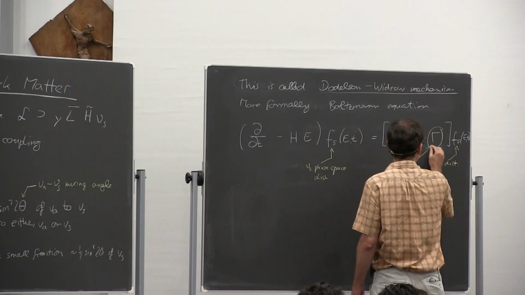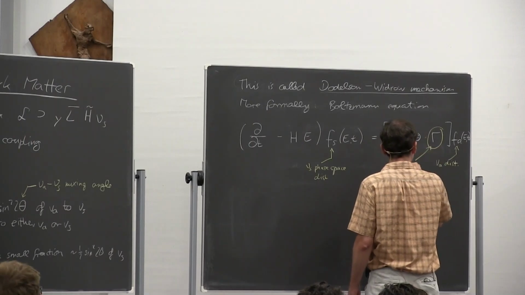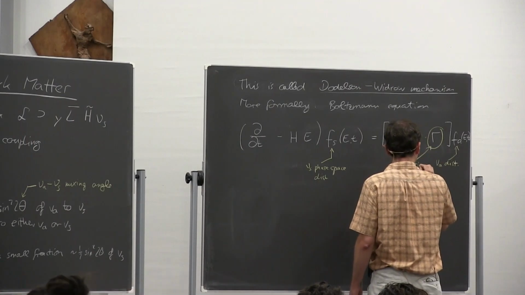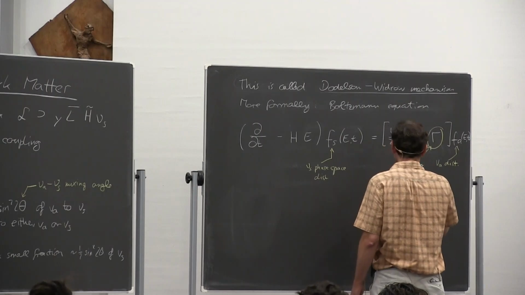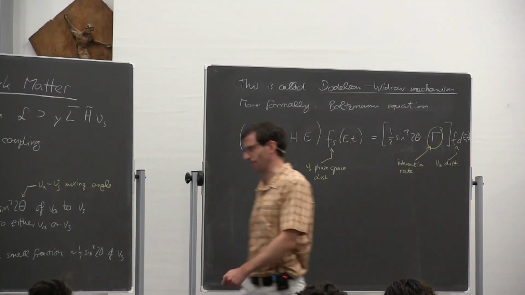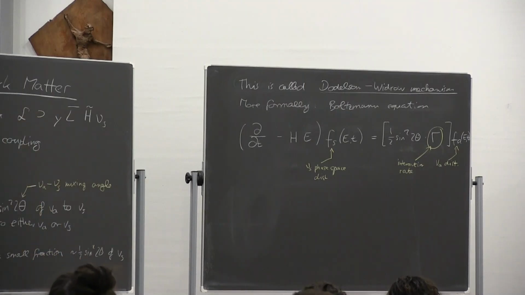This is the interaction rate. Well, and we've already talked about the mixing angle. And in principle, of course, we need to take into account matter effects here. So this theta is the mixing angle in matter, but I'm going to skip over this here.